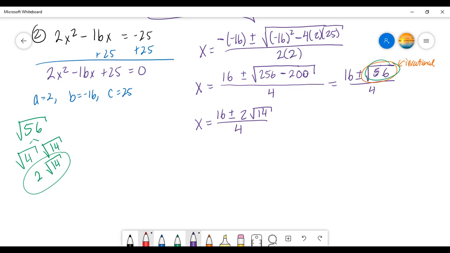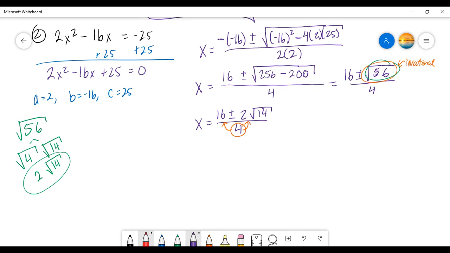Okay, now this is where it gets kind of neat, kind of interesting. We just went back to February. We're going to go back even further to September, October time, where we learned about distributing. There's a 4 down here. We can distribute it to every term up above, because dividing by 4 is the same as multiplying by 1/4. So now I'm just distributing it to all the terms there.